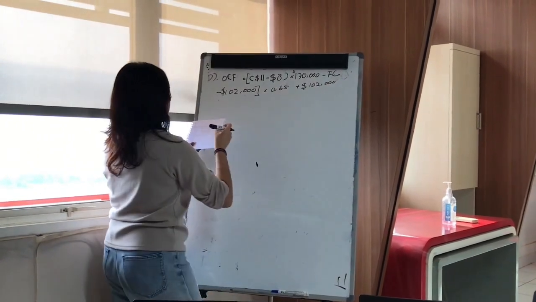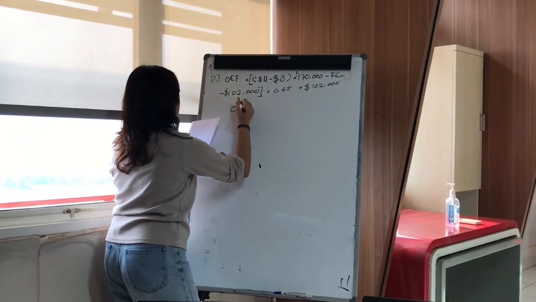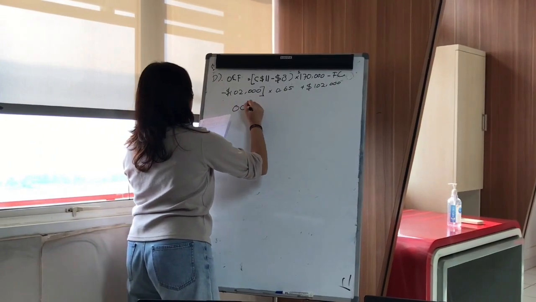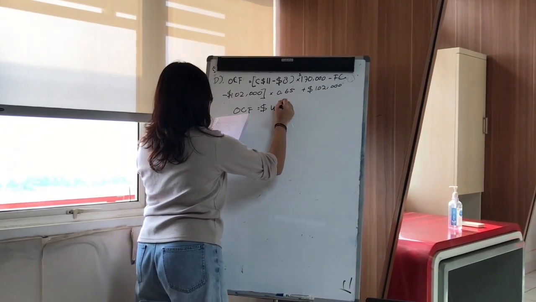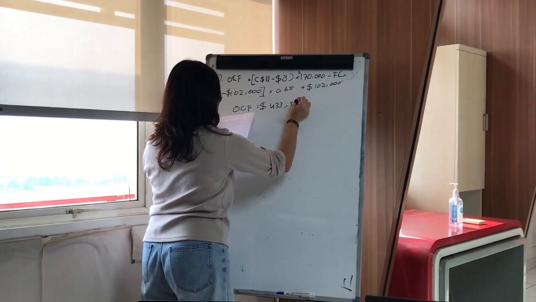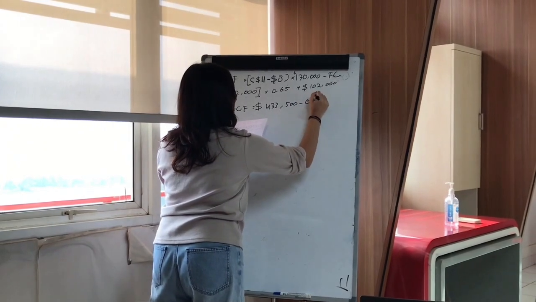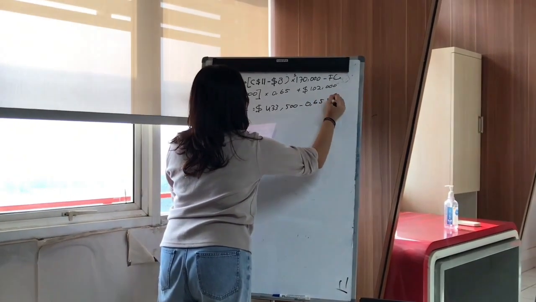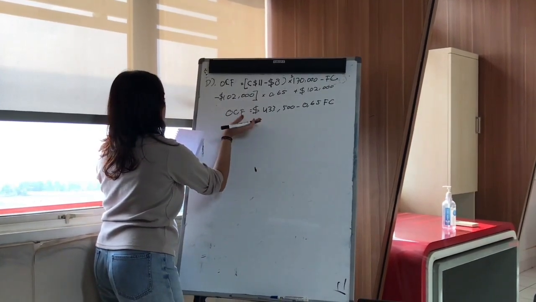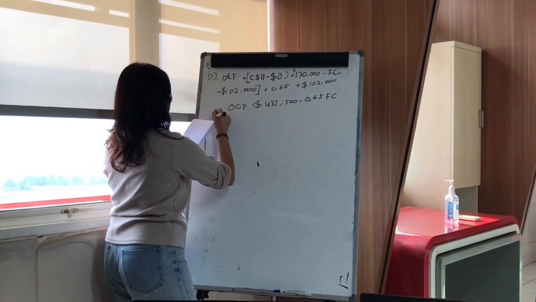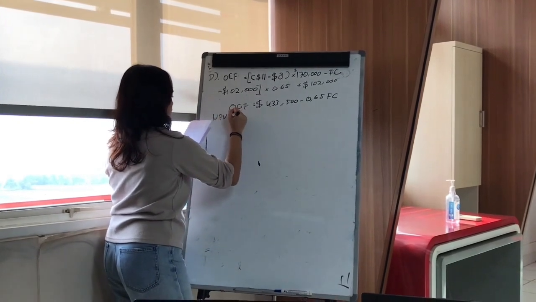If we simplify it, we will get the OCF is 433,500 minus 0.65 FC, fixed cost. And we will substitute the OCF into the NPV equal to 0.